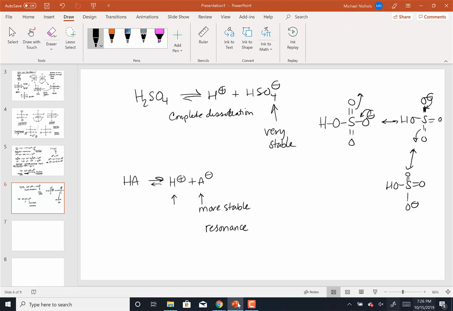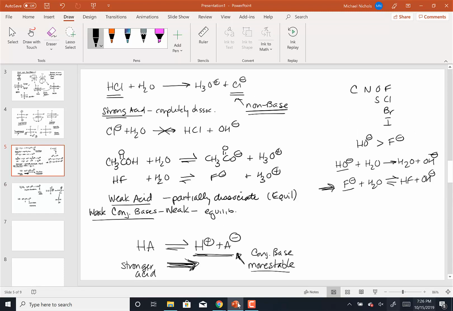Okay. So those are the basic reviews that we need for looking at acids and bases. I have one more piece that we need to talk about, and that is, in the periodic table, how does acidity and basicity go?